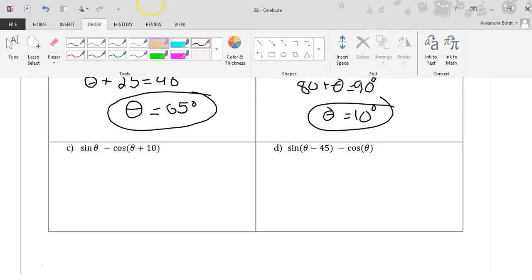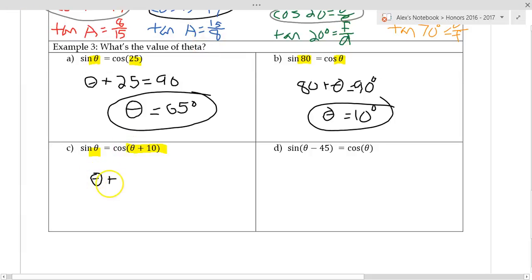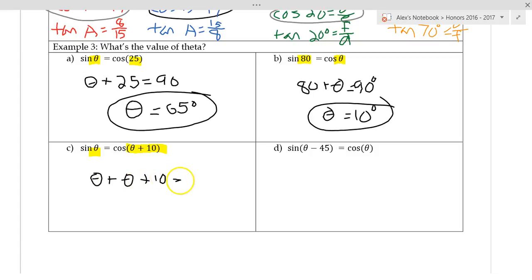Looking at our next example, I have theta plus 10 equals 90 with theta also... remember, theta is just a variable. Theta plus theta is 2 theta, plus 10 equals 90. Subtracting 10, 2 theta equals 80. Dividing by 2, theta equals 40 degrees.